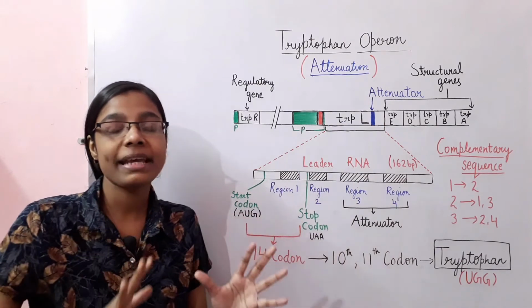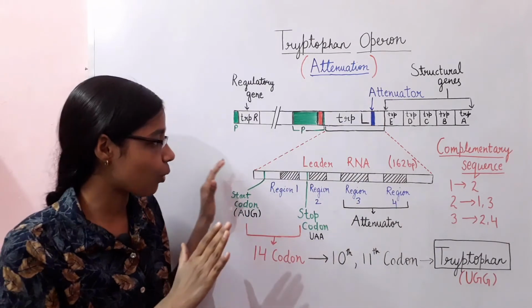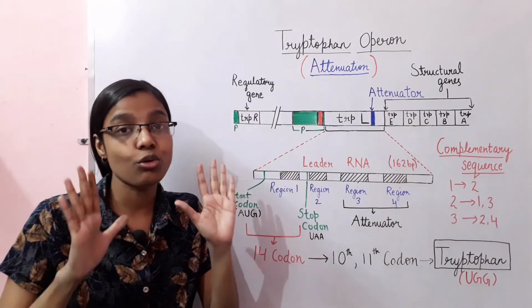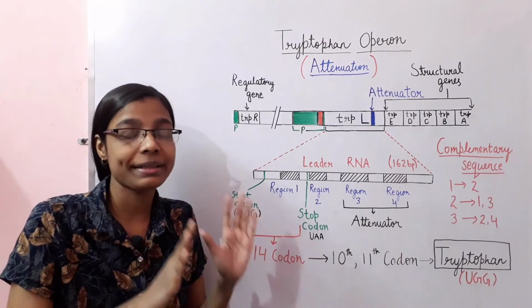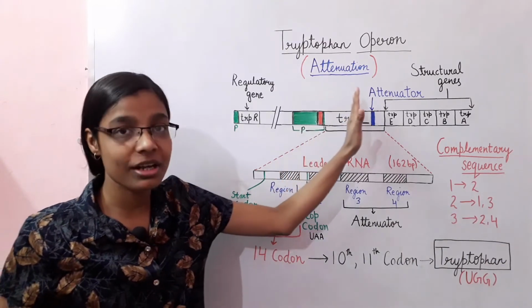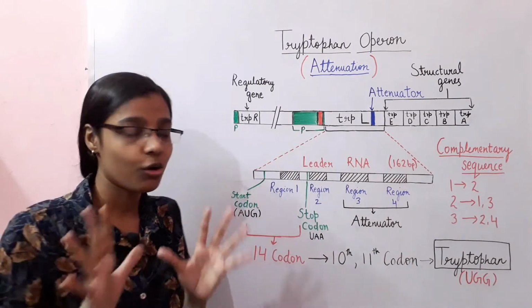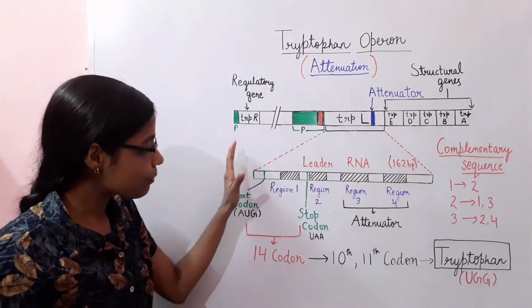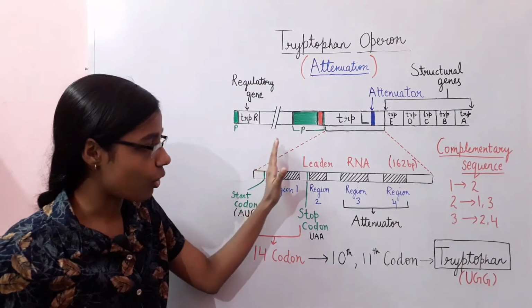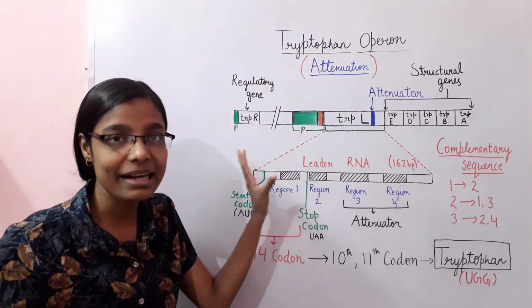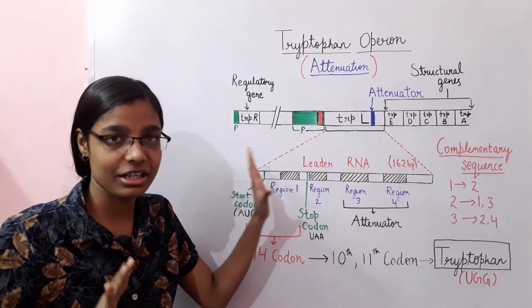For making it simpler I have drawn the structure of RNA, but you have to focus on the fact that transcription and translation are going on at the same time. As transcription is going on, there is formation of this leader RNA from the TRPL region.